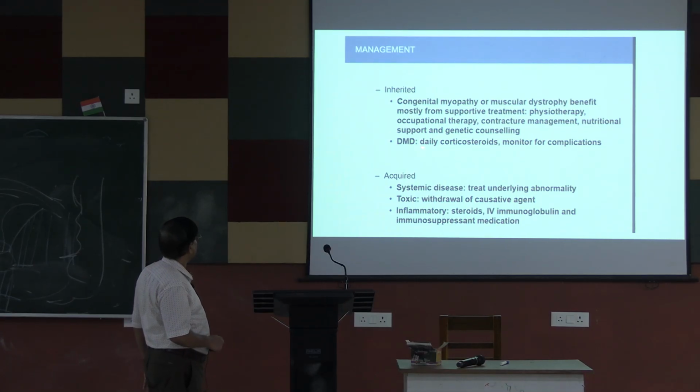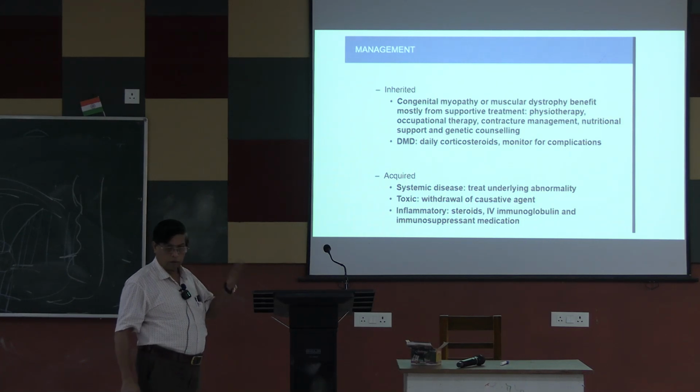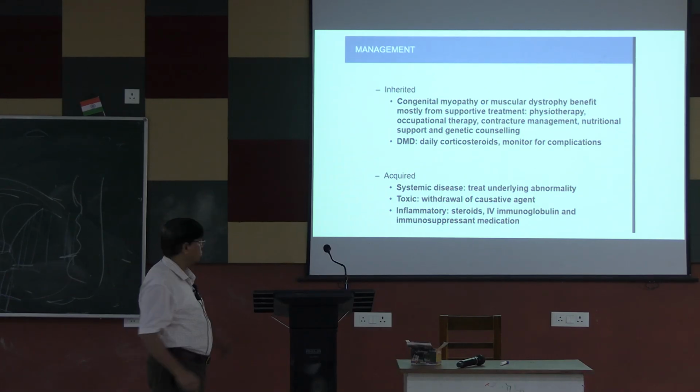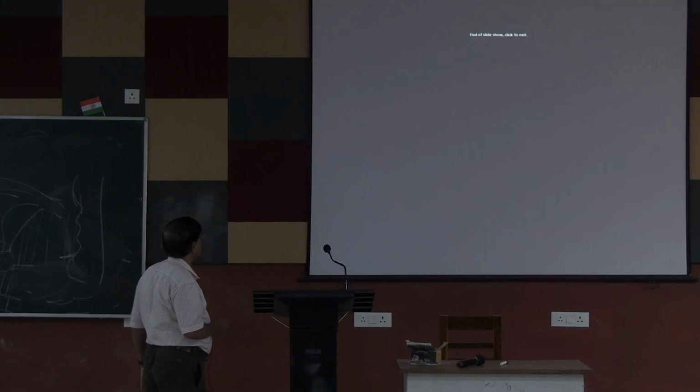Acquired myopathy from systemic disease is treated according to the disease. If it is inflammatory, dermatomyositis or polymyositis secondary to collagen vascular disease, treatment is steroids or IV immunoglobulin and immunosuppressive medications.